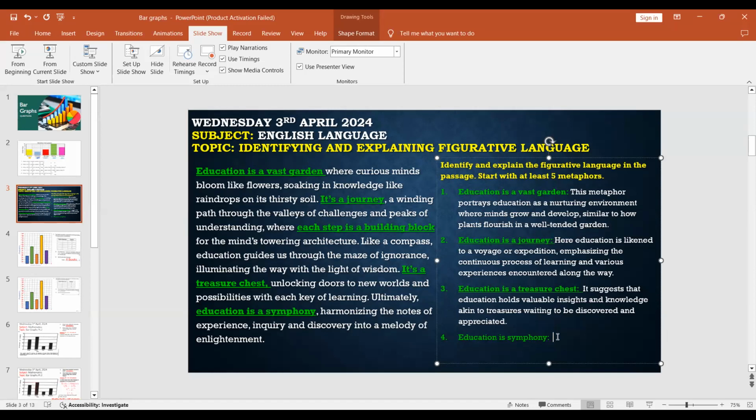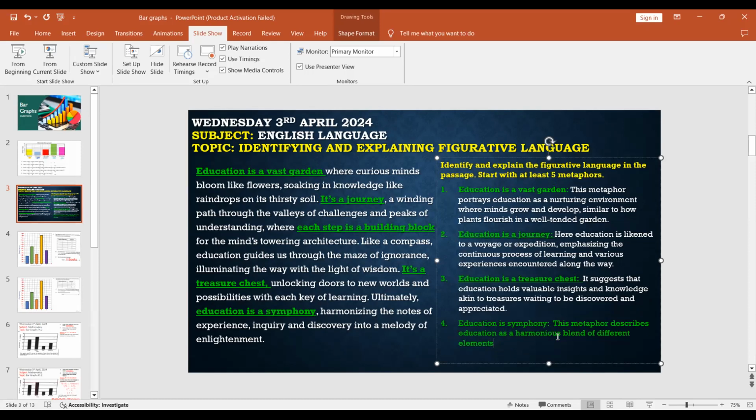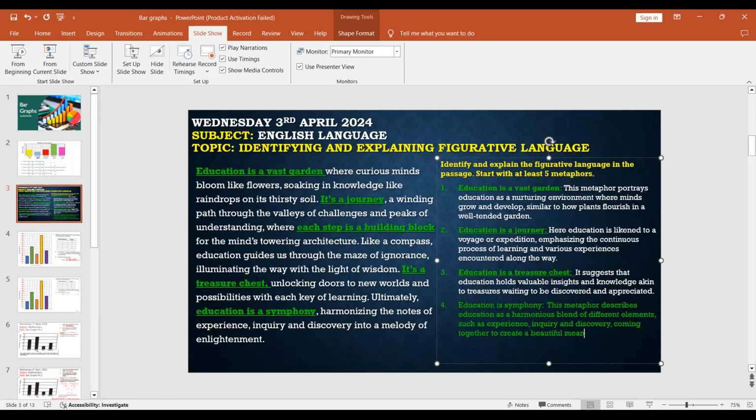So we're going to say this metaphor describes education as a harmonious blend of different elements, such as experience, inquiry, and discovery, coming together to create a beautiful, meaningful whole.